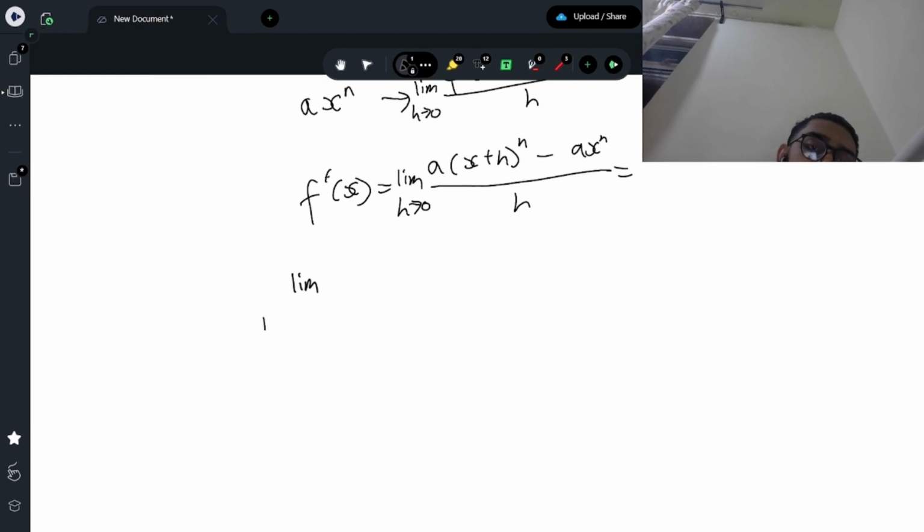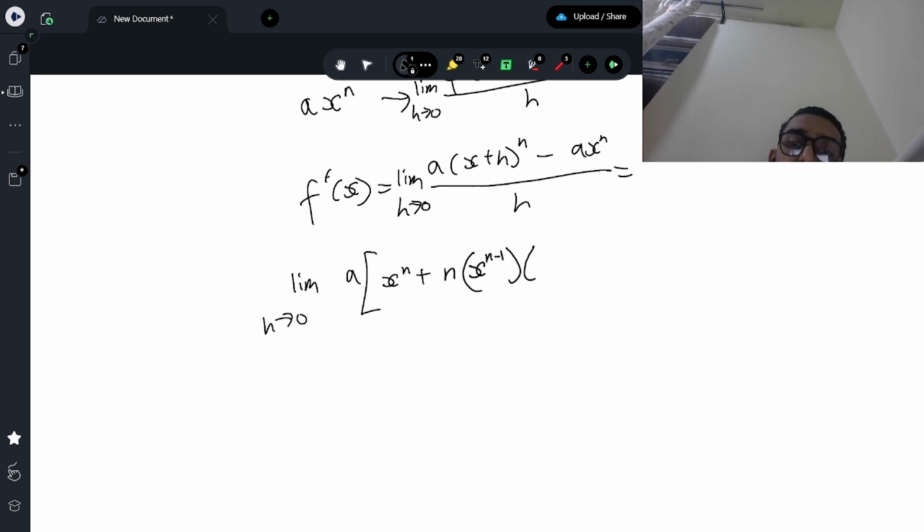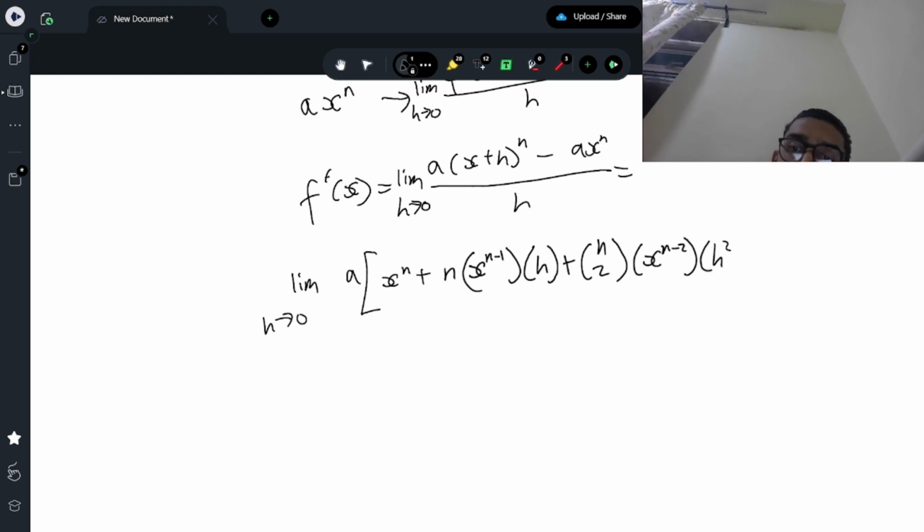limit h approaching 0 of a, and then square brackets, x to the power of n plus n choose 1, which is just n, so n x to the power of n minus 1 multiplied by h to the power of 1, plus n choose 2 x to the power of n minus 2 times h squared.